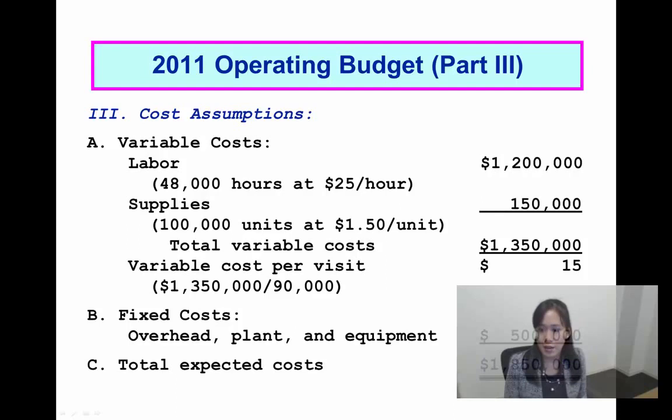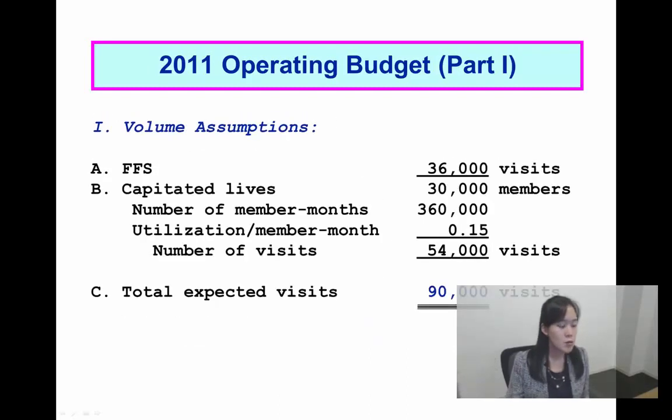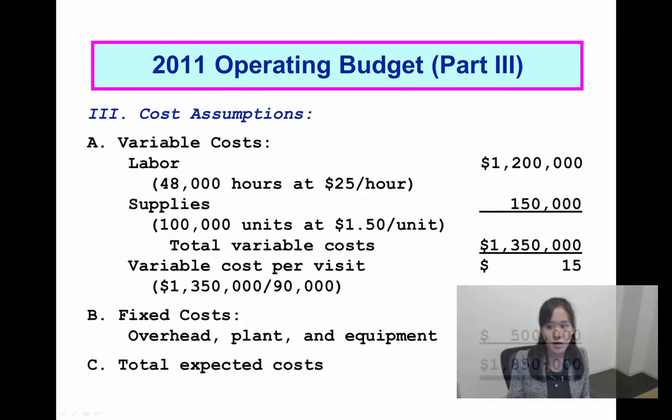All right, so now that we have the total variable cost, which is just summing the labor variable cost and the supplies cost, $1.35 million, we can calculate the variable cost per visit using the forecasted number of visits. If you remember from a few slides ago, we expected a total of 90,000 visits from everyone, our fee-for-service and our capitated patients. With 90,000 visits and a total of $1.35 million in variable costs, we divide the two numbers and find that the variable cost per visit is $15.